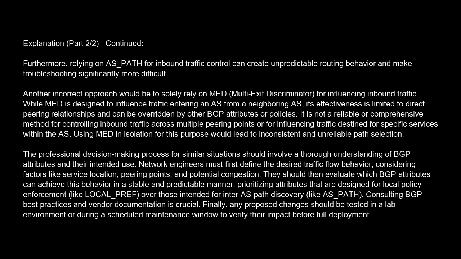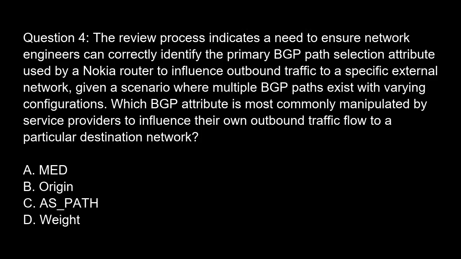They should then evaluate which BGP attributes can achieve this behavior in a stable and predictable manner, prioritizing attributes that are designed for local policy enforcement, like local pref, over those intended for inter-AS path discovery, like AS path. Consulting BGP best practices and vendor documentation is crucial. Finally, any proposed changes should be tested in a lab environment or during a scheduled maintenance window to verify their impact before full deployment. Question 4.